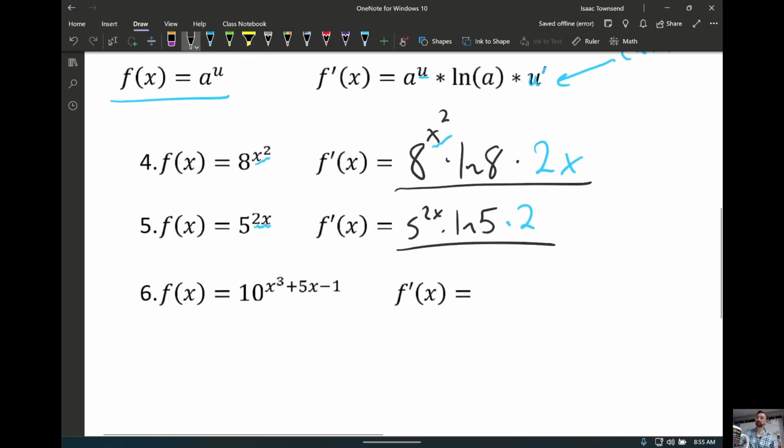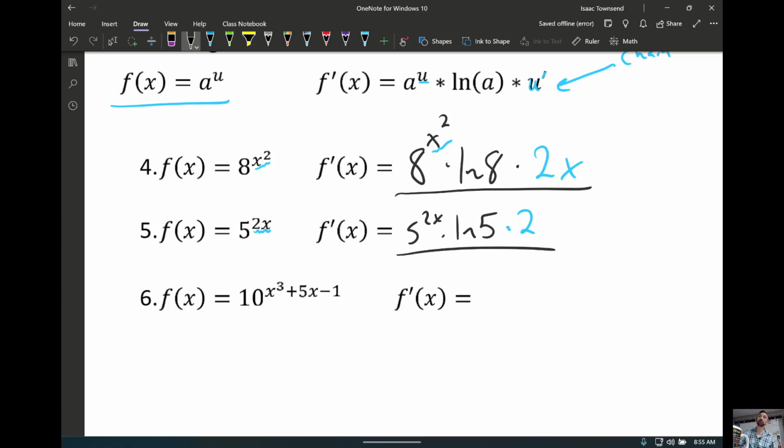Okay, so for number 6, this is the last one. What's the first part of our derivative for number 6? X cubed plus 5x minus 1. Okay, so all that. And then somebody else tell me, what else do we need? Times the natural log of 10.